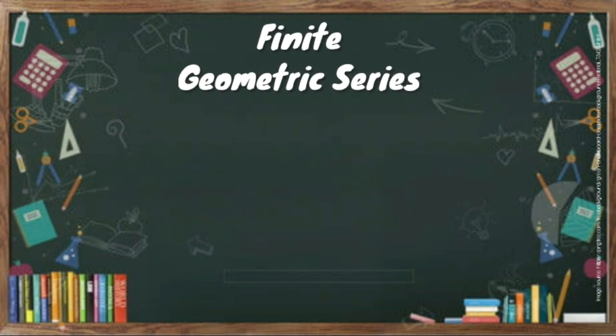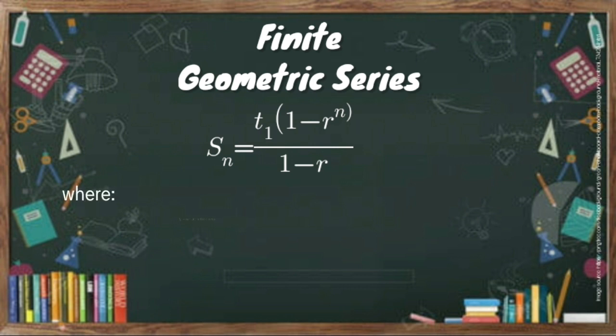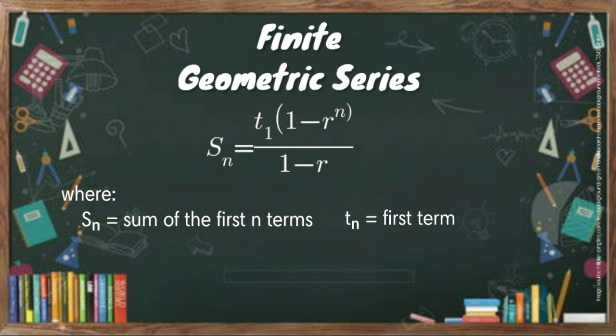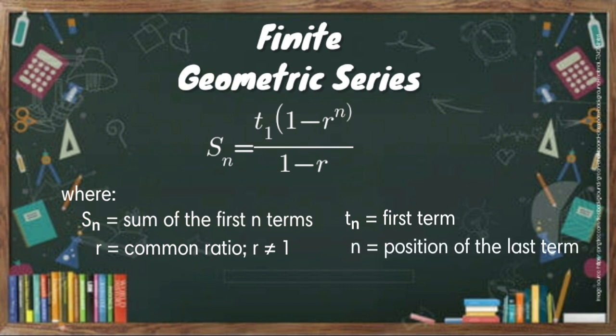To determine the finite geometric series, use the formula S sub n is equal to t sub 1 times the difference of 1 minus r raised to n all over 1 minus r, where S sub n is the sum of the first n terms, t sub 1 is the first term, r is the common ratio, where r is not equal to 1, and n is the position of the last term.